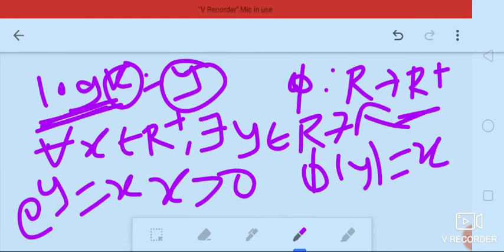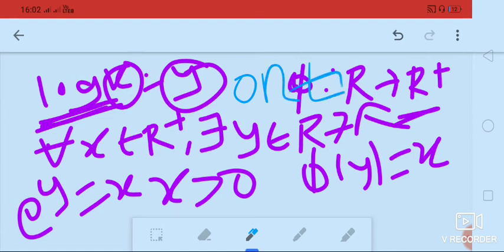So this satisfies the onto condition, and pi is an onto function. Therefore pi is a homomorphism, one-one and onto, so pi is an isomorphism.